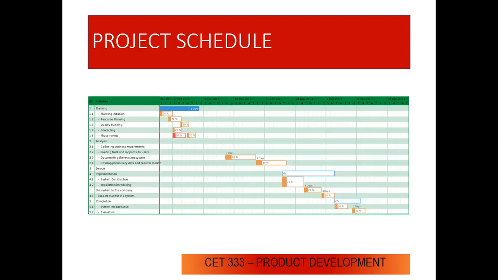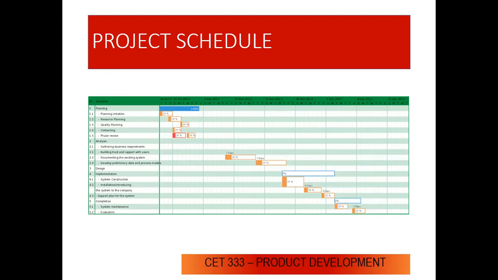Yeah, so we usually work with certain tools to help us develop a schedule. One of them being a Gantt chart. So you'll have a listing of activities and you'll have a calendar which shows the duration for each activity and the dependence or interdependence between these activities.